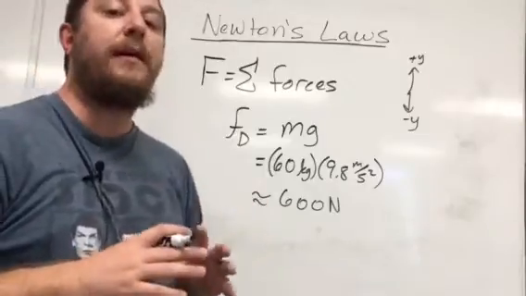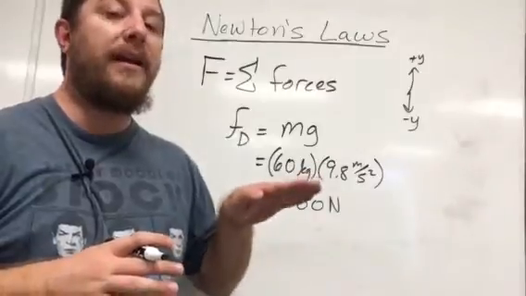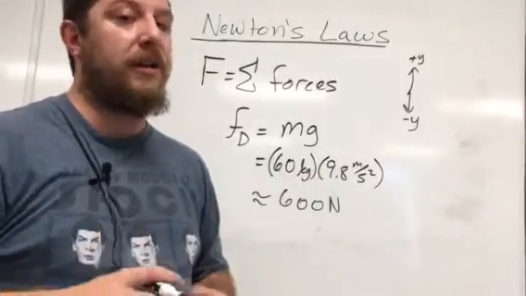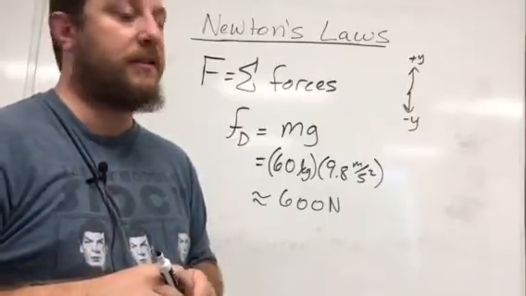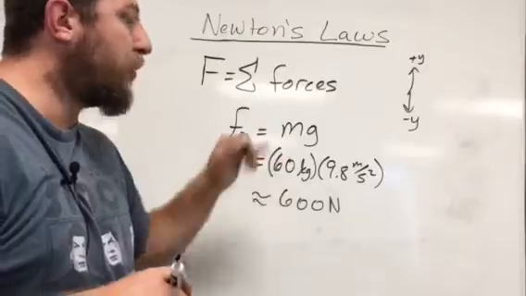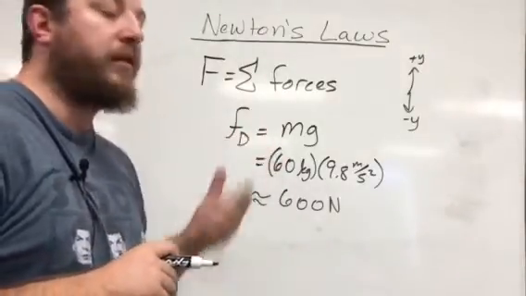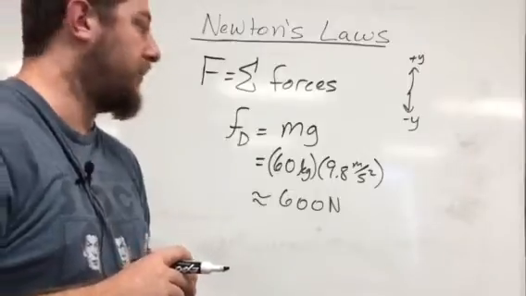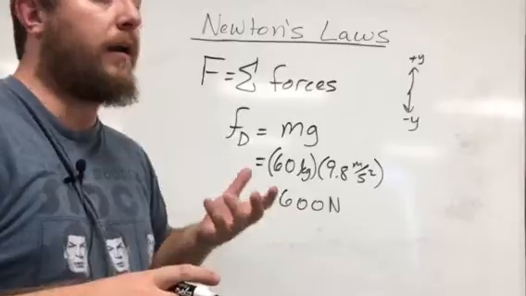So anytime there's no acceleration, you can even have velocity, but as long as there's no acceleration, then ma will always be 0 and the forces must always balance. So when there's only two forces, be it tension or air drag counteracting gravity, you know that they're going to be equivalent in magnitude. Now that's not always going to be the case. They don't have to do that.